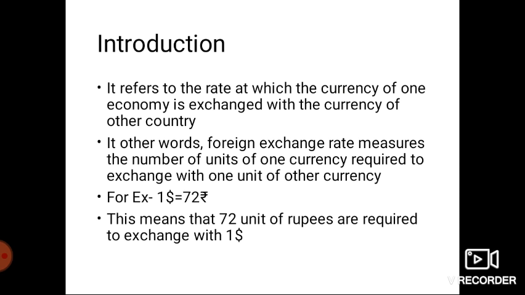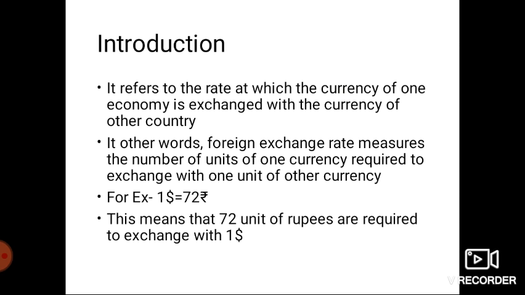International trade, for example, if the import of crude oil becomes zero for India, the Indian economy will be zero.